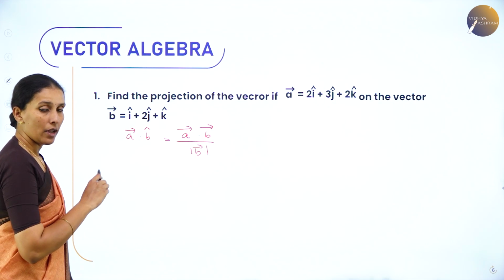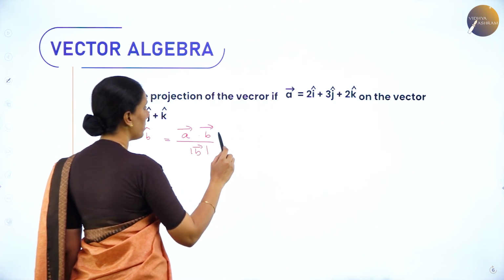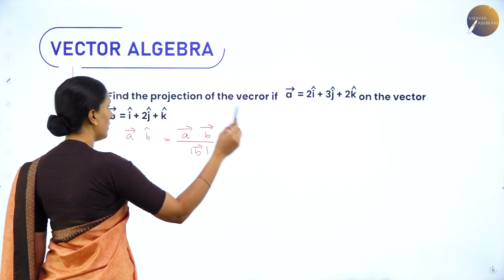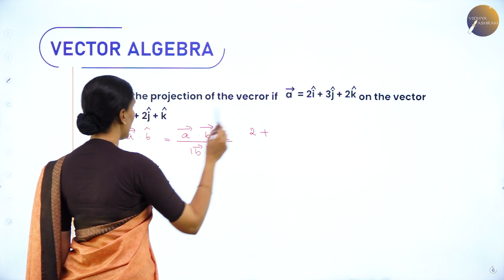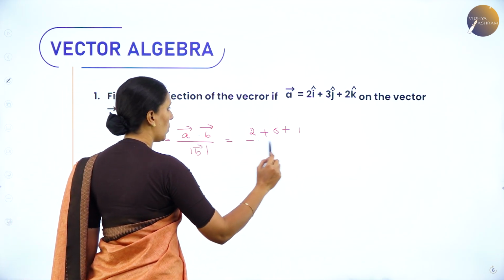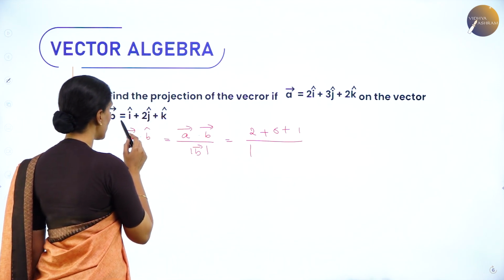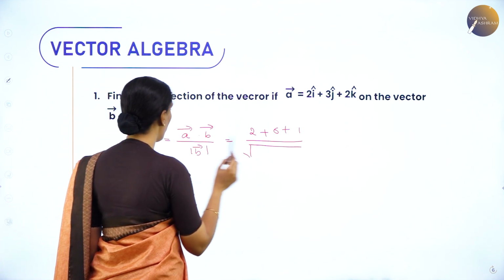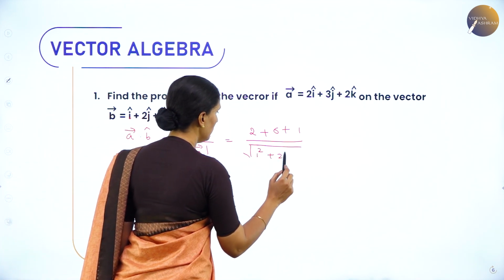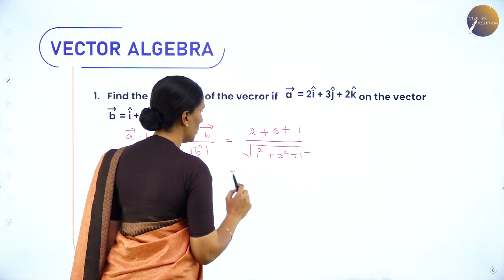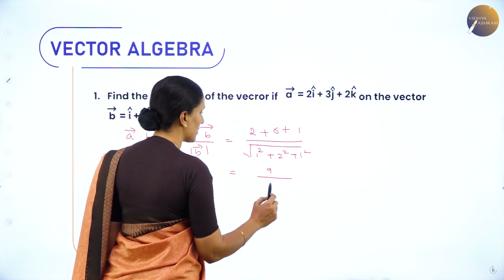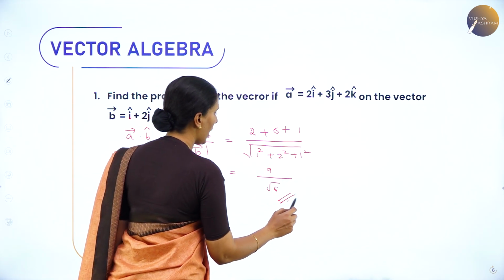So A dot B is the product of the scalar components: 2 into 1, 2, plus 3 into 2, 6, plus 2 into 1, 2, whole divided by magnitude of this vector, which is square root of 1 square plus 2 square plus 1 square. So which is equal to 10 divided by root 6. 9 by root 6 units.